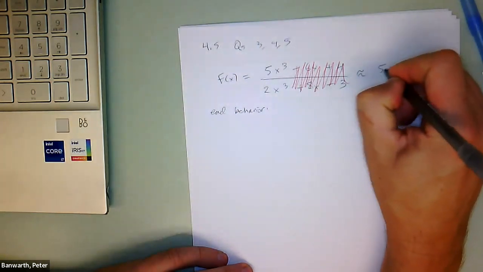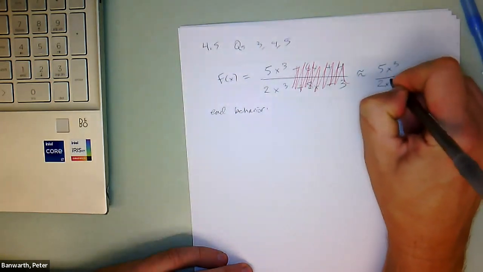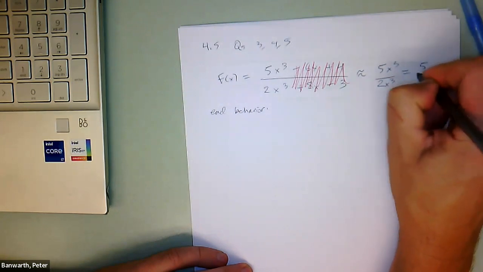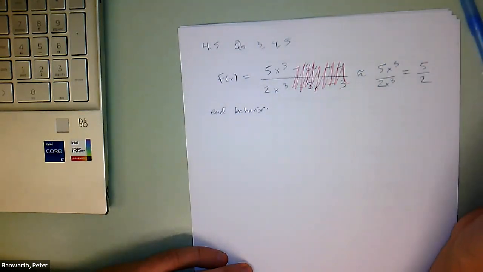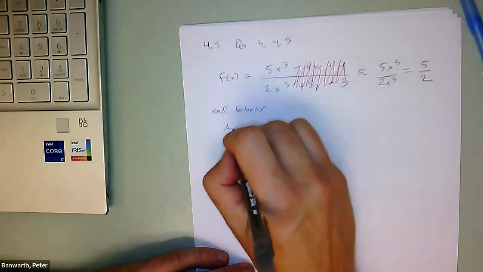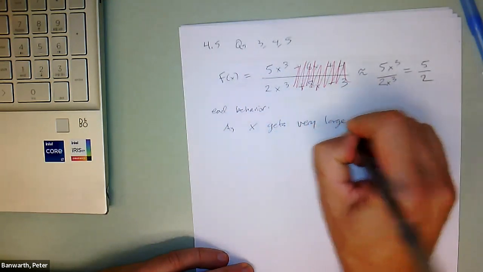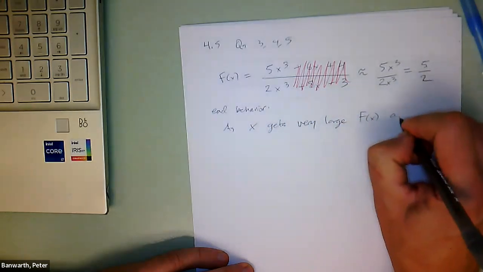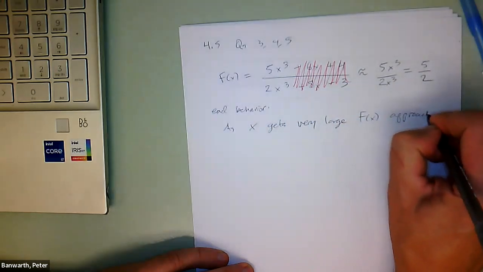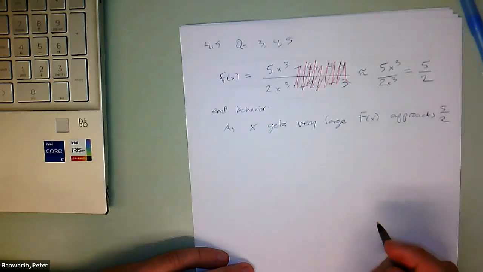That looks a lot like 5x cubed over 2x cubed, which is just 5 over 2. What does this mean? This means as x gets very large, f of x approaches 5/2.